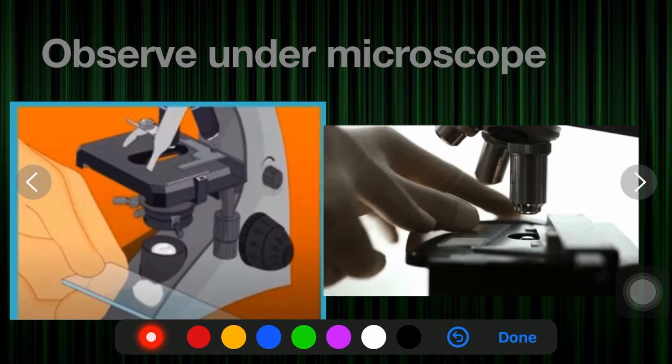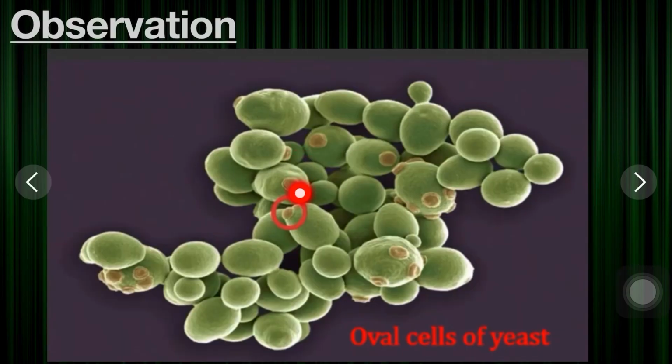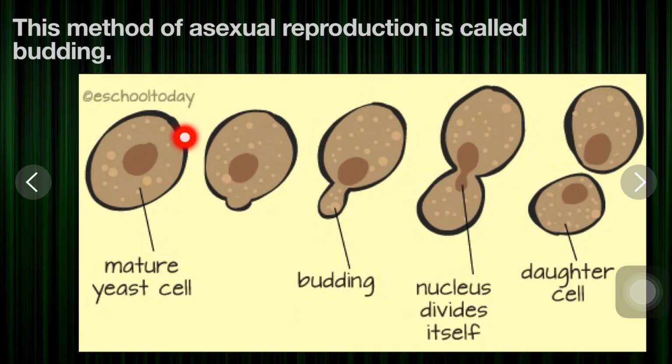In the microscope you will observe the colorless oval cells of yeast. Some of those cells may have small round bodies attached to them. As you can see, these small round bodies are attached to them. These are new daughter cells of yeast in the process of formation. This method of asexual reproduction is called budding. A mature yeast cell, during favorable climatic conditions, will form a small bud.